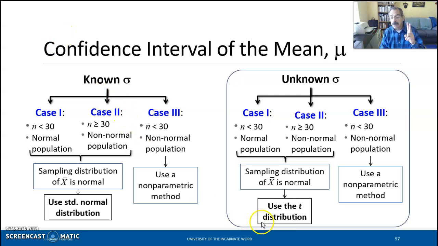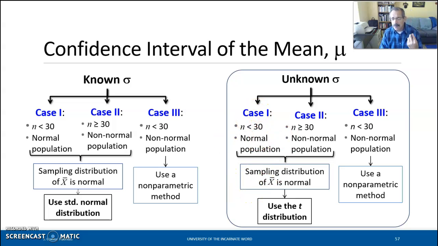And we're going to focus on two cases, and that is the cases where the sampling distribution of the mean is normal. That is when the population is normal, or the population is either unknown or not normal, but the sample size is at least 30. In both of those cases, the sampling distribution is normal.